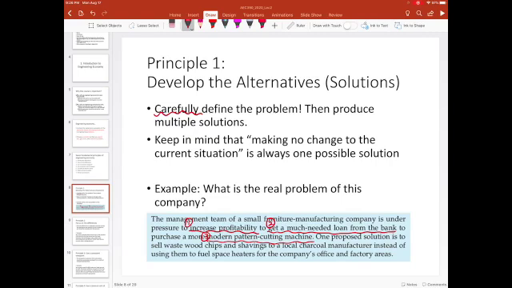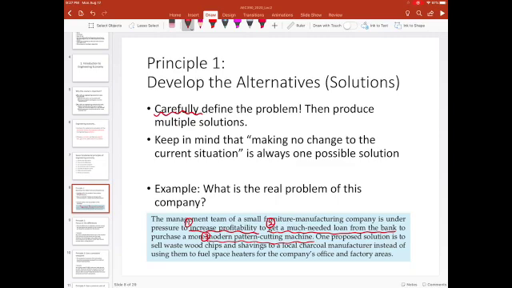Okay, because the reason why they want to get a loan is they want to do something. They want to do something with the money from the bank so that they can increase their profit. Okay, and although they want to buy a new machine, the reason behind that is they want to use the new machine to produce more products in a short time so that they can cut their cost.